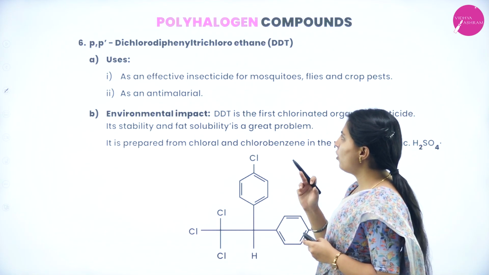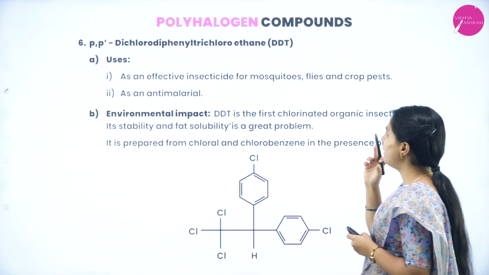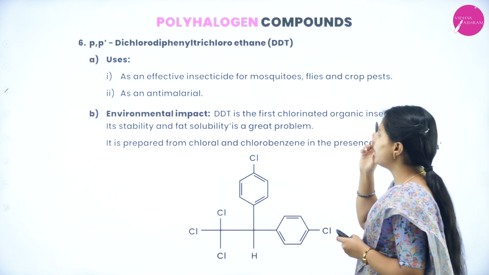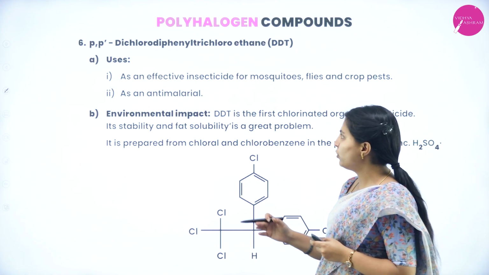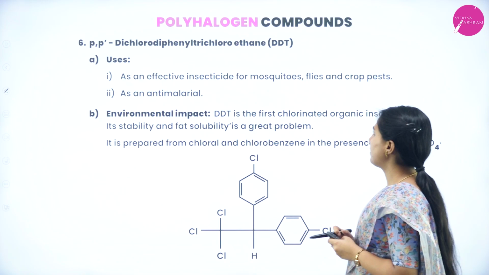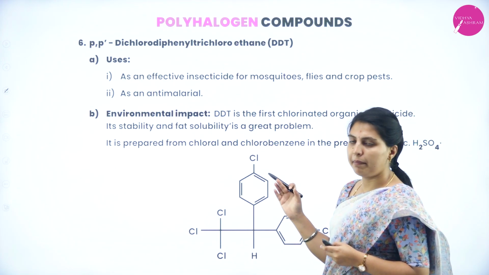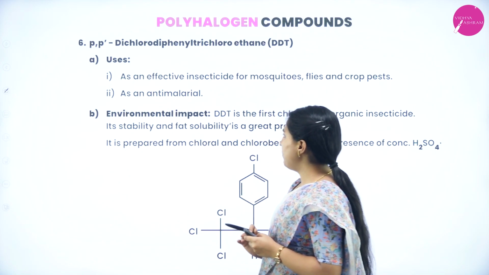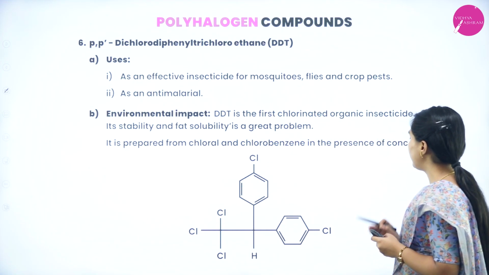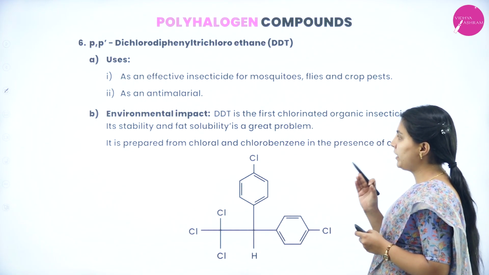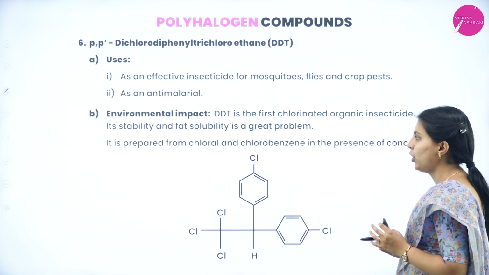Next, dichlorodiphenyltrichloroethane, that is DDT. It is used as an effective insecticide for mosquitoes, flies and crop pests, and as an anti-malarial. Environmental impact: DDT is the first chlorinated organic insecticide. Its stability and fat solubility are a great problem.